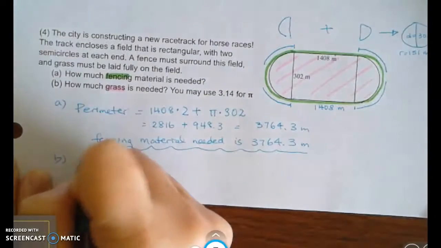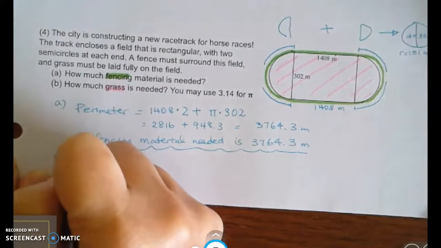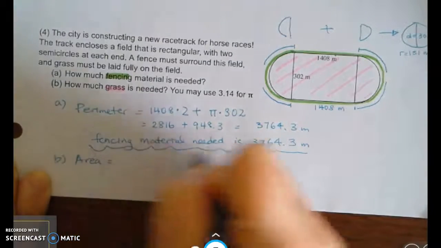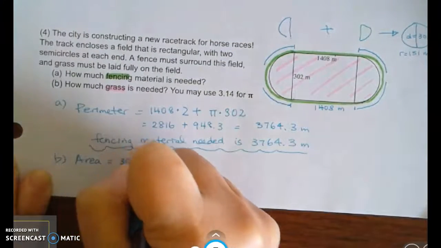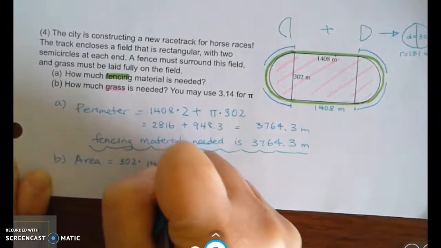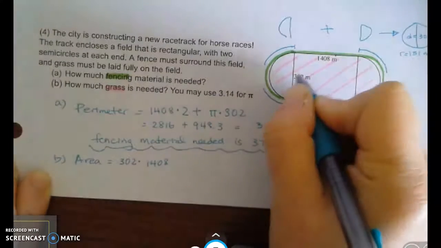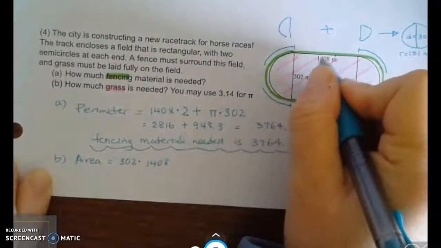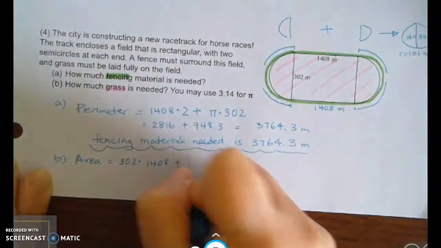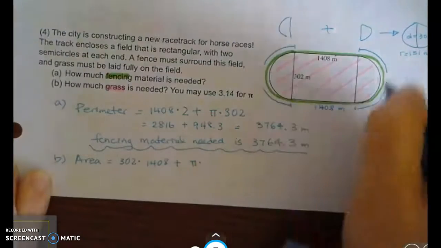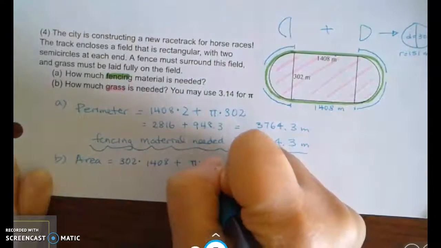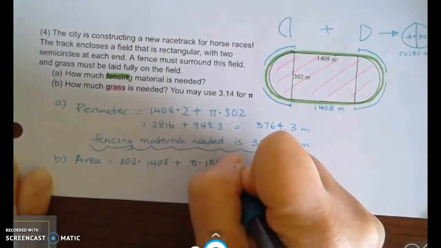So the area of this shape is going to be, the rectangle here is 302 multiplied by 1008, because it's base times length, two lengths being multiplied, plus the area of the circle. That's going to be pi times the radius, which we said was 151 meters.